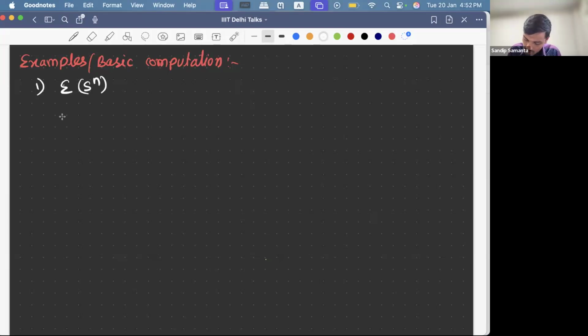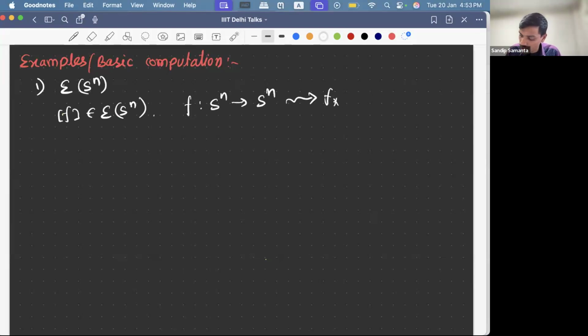If f is an element here, a representative of this class, it is a map Sn to Sn that induces a map in the homology group, Hn(Sn) to Hn(Sn), and this is isomorphic to the integers.